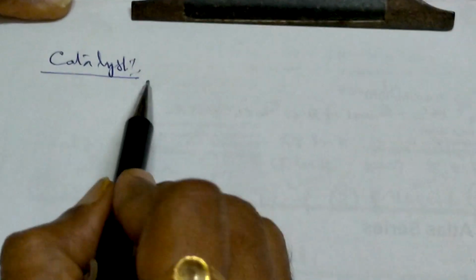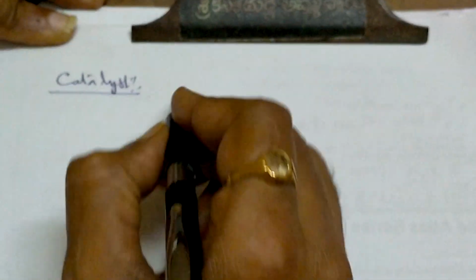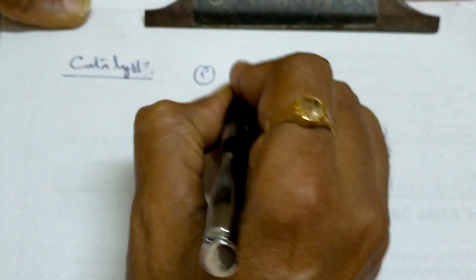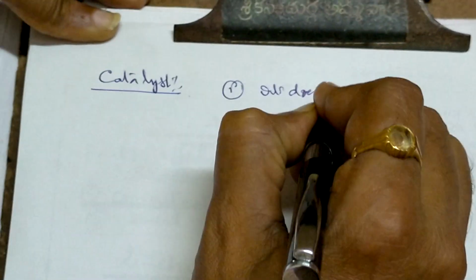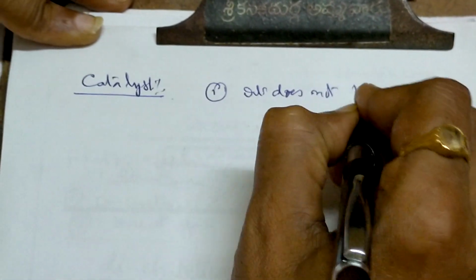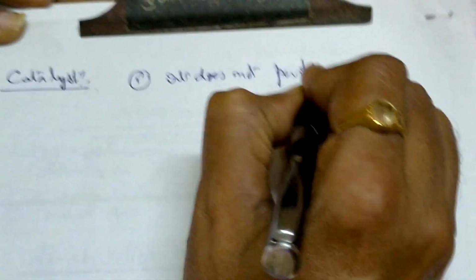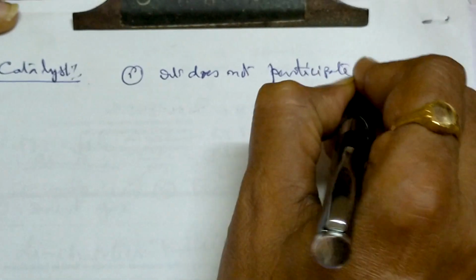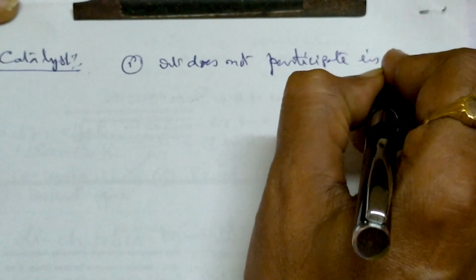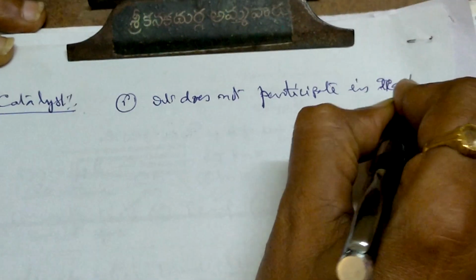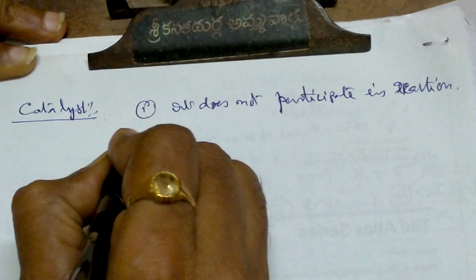A catalyst is any compound type, but first, it does not participate in the reaction. This is the first.